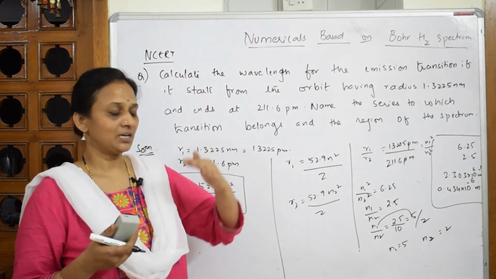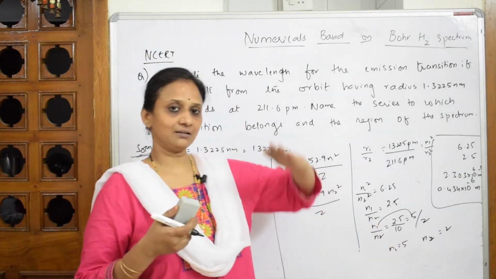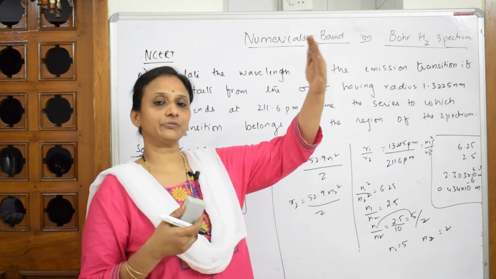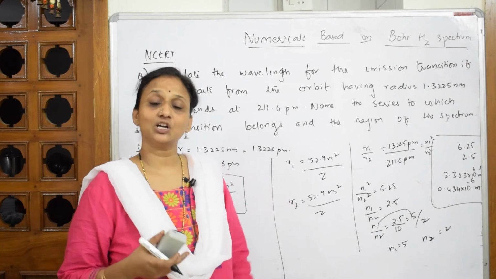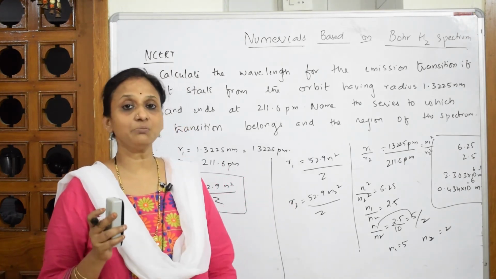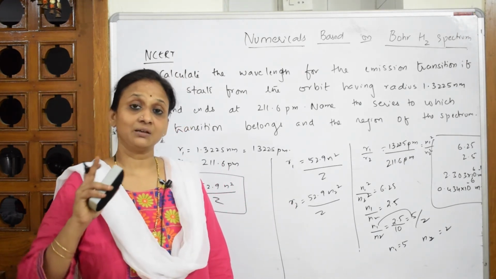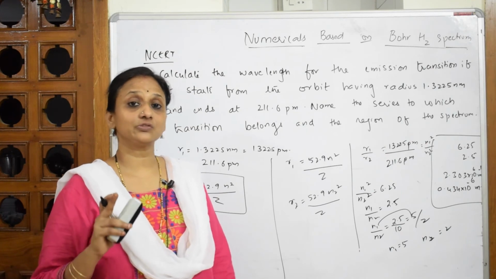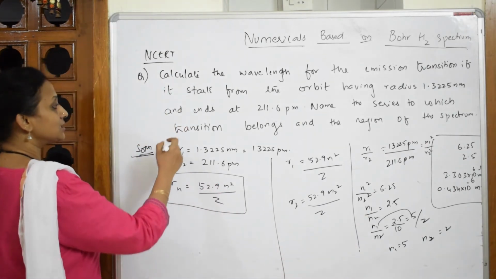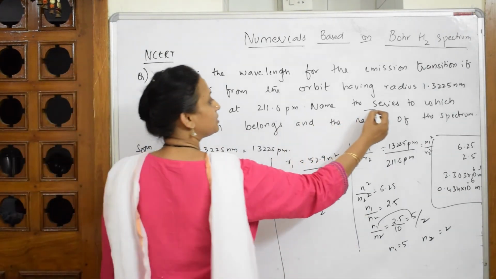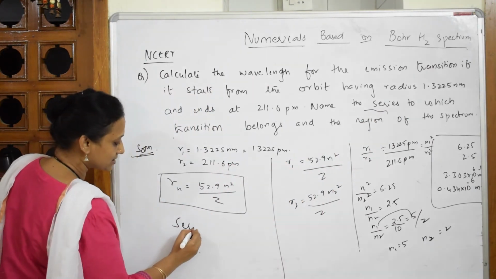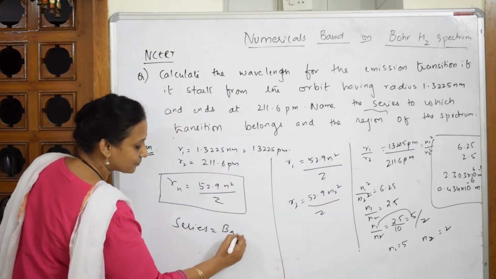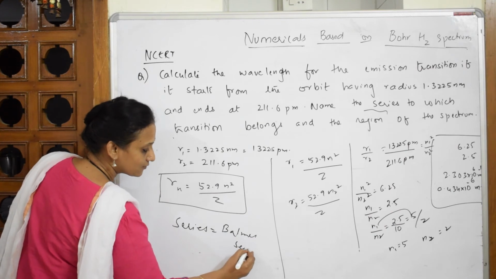So which series does it belong to? Lyman belongs to n is equal to 1. Balmer belongs to n is equal to 2. So we have got the first answer. The series which it belongs to is the Balmer series. That is over. Fine.